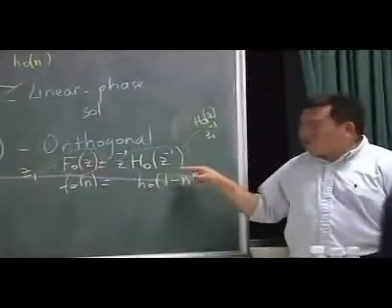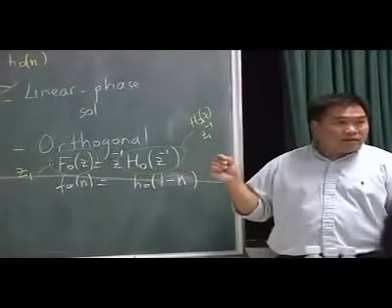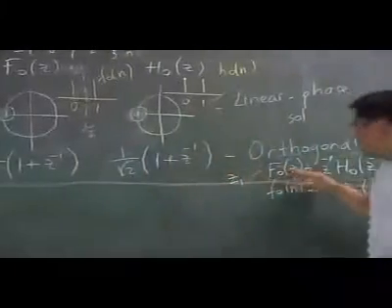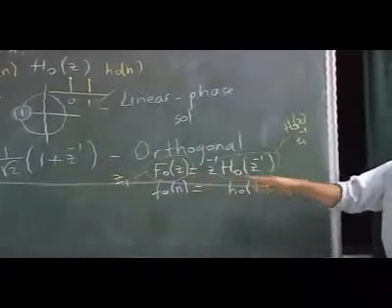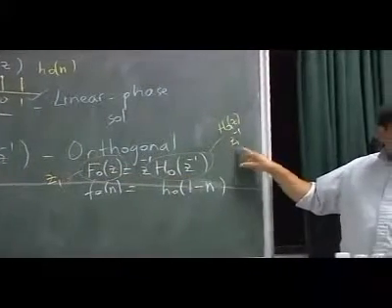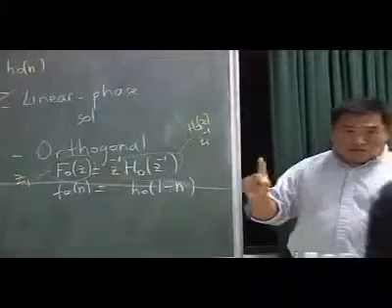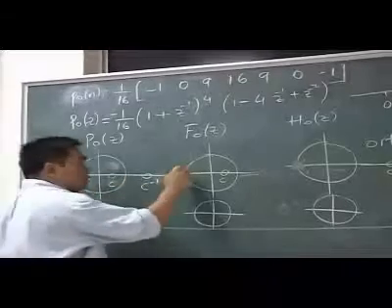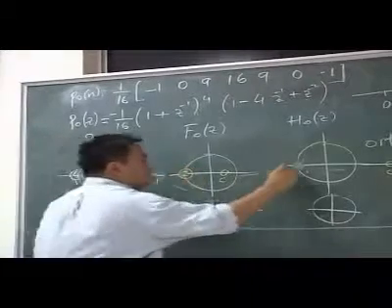How many zeros does H naught have? 10. Exactly the same order. And if you plug in Z equals -1, it's also -1 here, right? -1 is its own inverse. So it means that there are 4 to distribute, and they have to be equal. So they have 2 and 2.